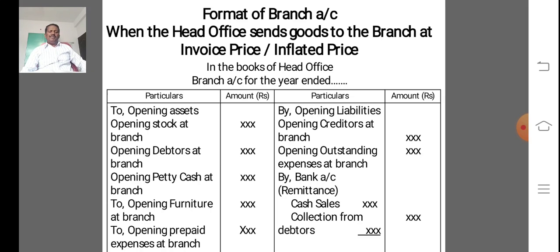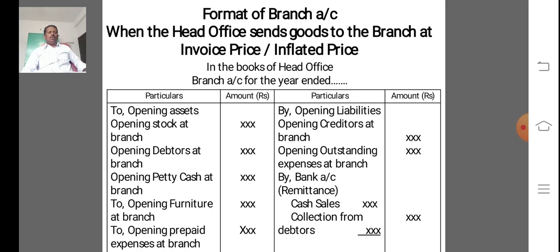For example, if the load is 25% on cost, assuming cost is equal to 100, the load will be 25 and invoice price will be rupees 125. That is 100 plus 25.